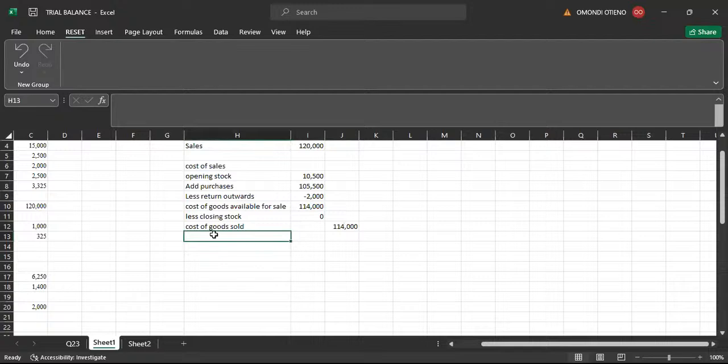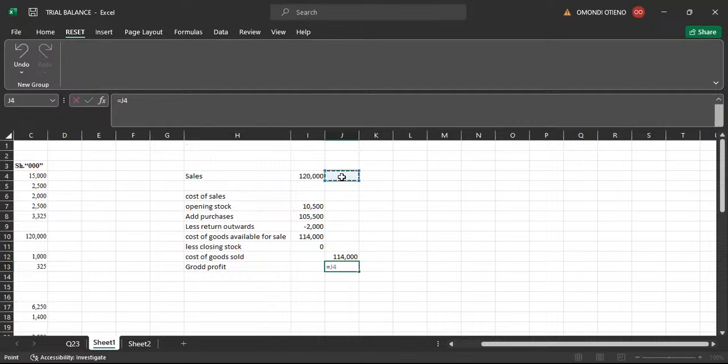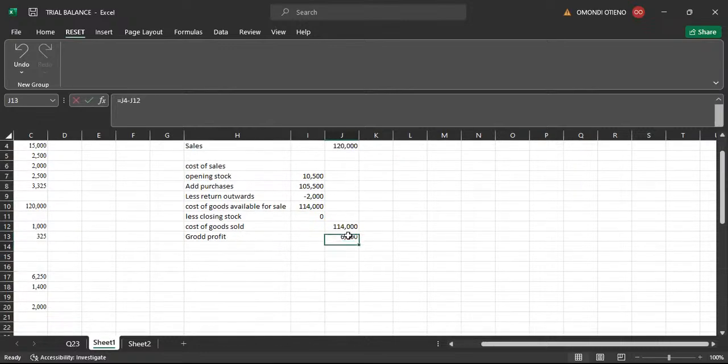From there, when I get the difference, I'll get what we call gross profit. So gross profit is equal to sales minus cost of goods sold. It is giving me gross profit.